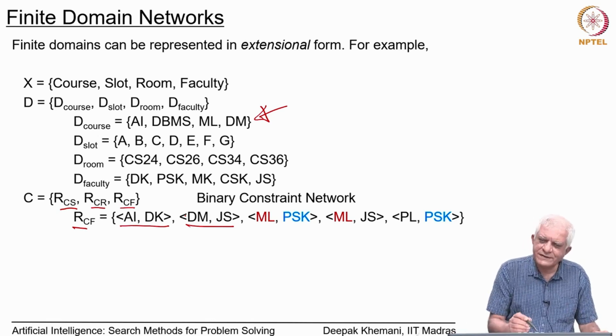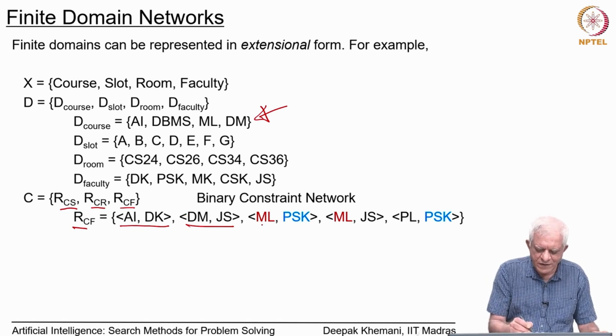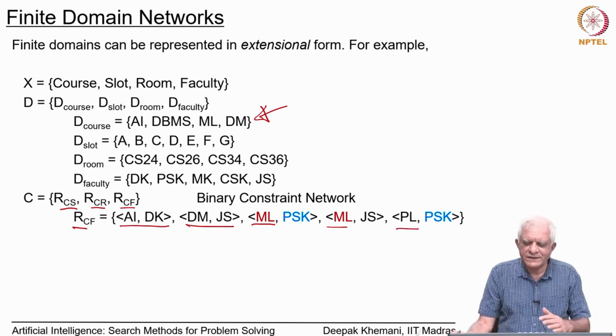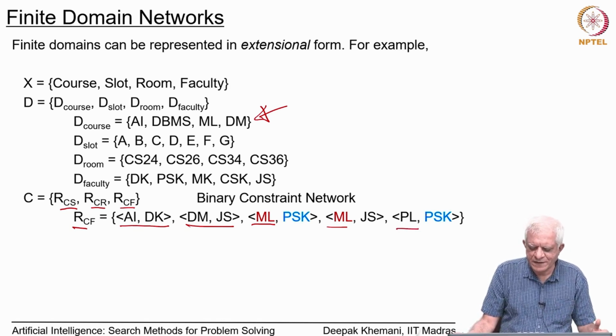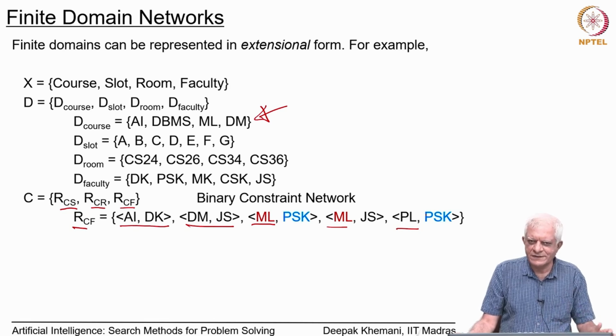You can see that this is in some sense the sea of possibilities. So, for example, the course ML can be taught by 2 people here, one is PSK and one is JS. Likewise, PSK can teach ML, but can also teach programming languages. So, these are just the possibilities that can happen, and what we are saying here by a relation is that these are the allowed combinations essentially.